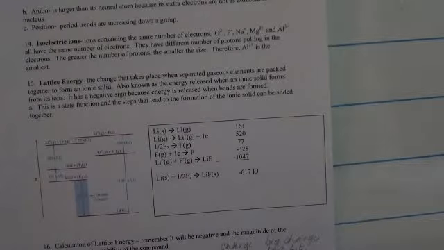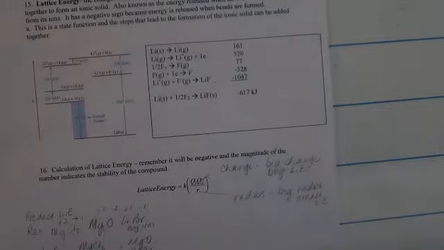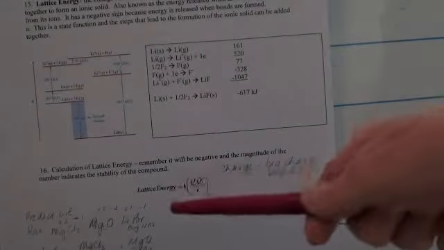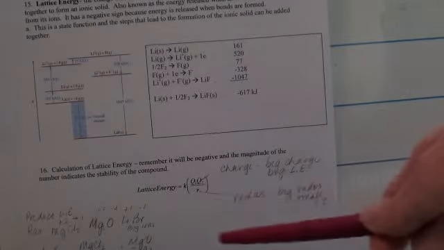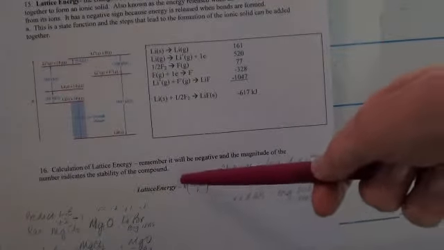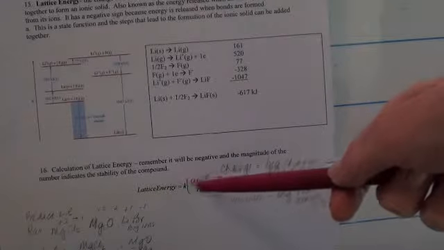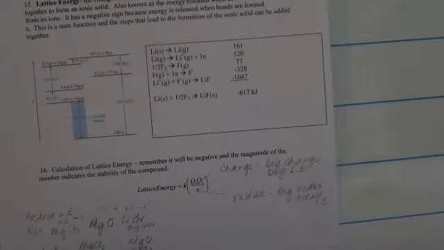Once again, you can calculate lattice energy using Coulomb's law because this is an electrostatic attraction. So lattice energy is proportional to K, which is a constant, times the charges of the different atoms, divided by the radius.